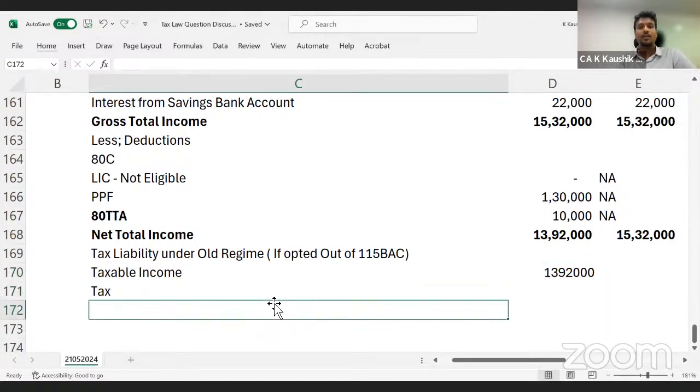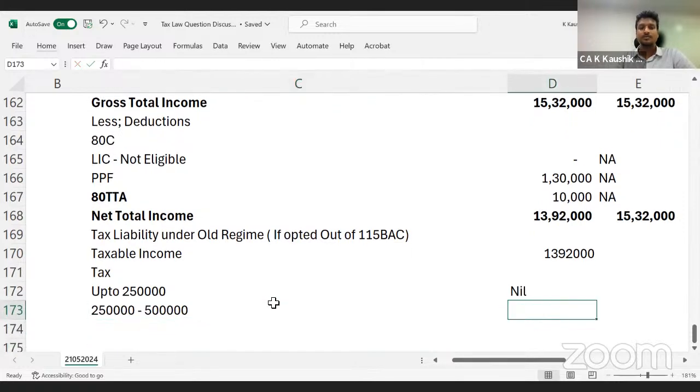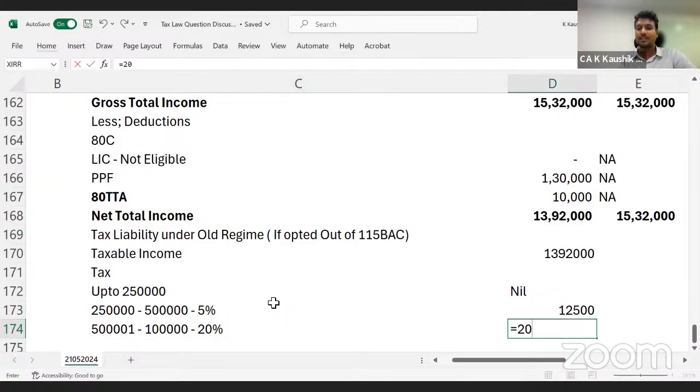Computation of tax: up to 2,50,000 nil. 2,50,000 to 5 lakh, 5% of 2,50,000, that is 12,500. 5 lakh to 10 lakh, 20% of 5 lakhs.